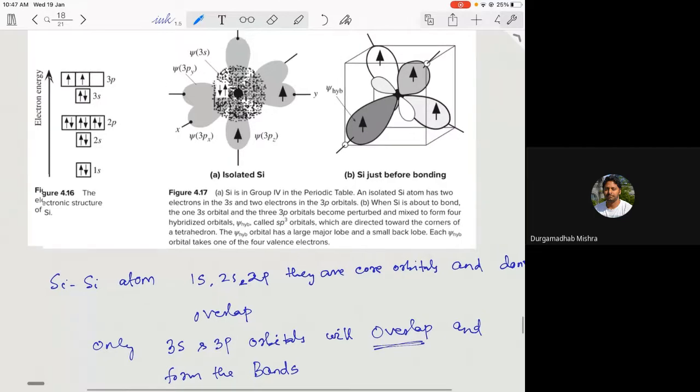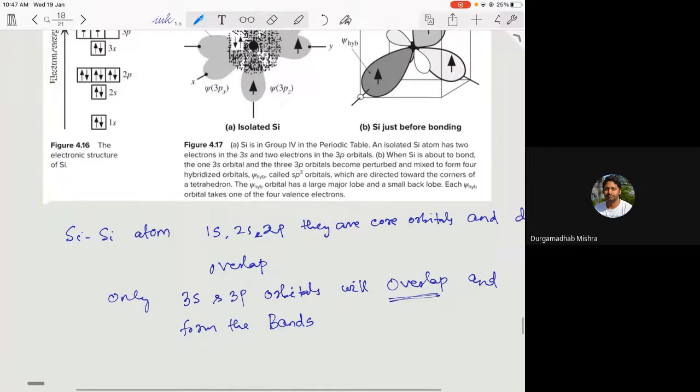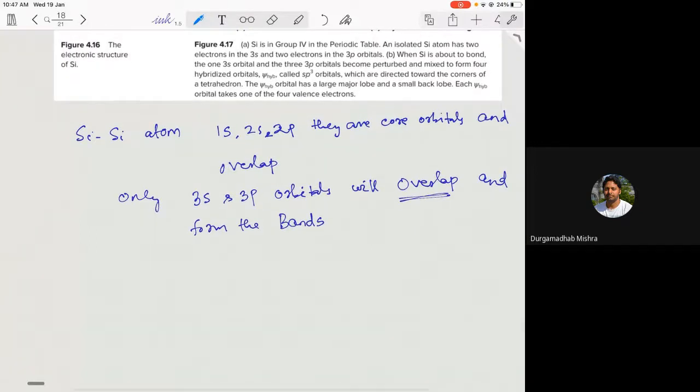Now, if you look at this silicon solid or silicon crystal, each silicon atom bonds with 4 silicon atoms, right? So why 4?